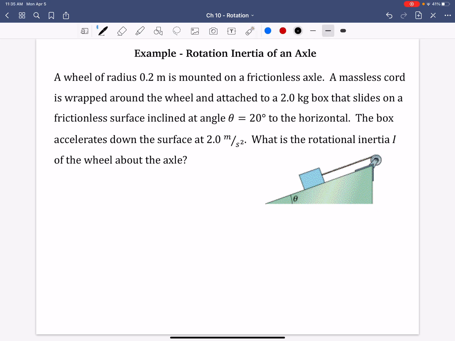So if we have the axle right there, there's a force on it from the rope that's acting, actually let me do it like that. That rope is, there we go, there's a block. That's a bad free body diagram, but I hope you get the picture.